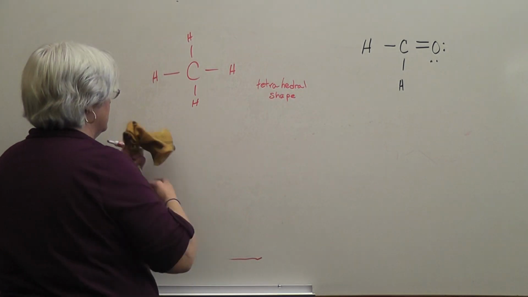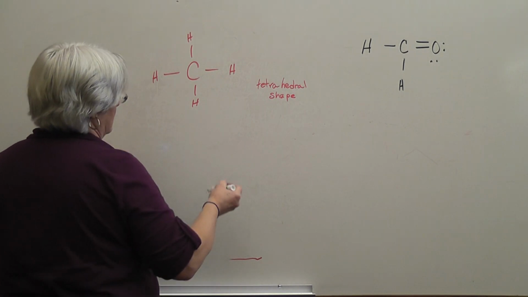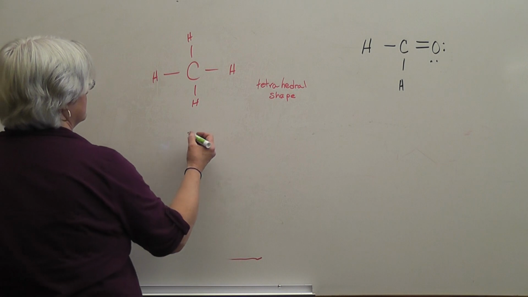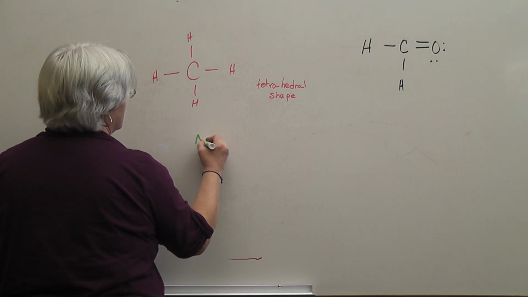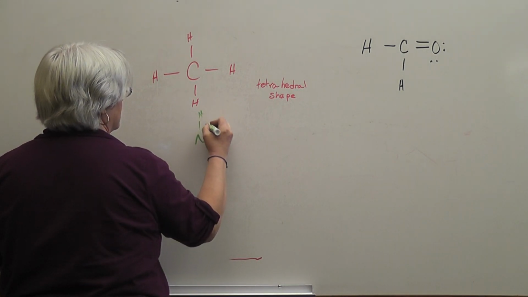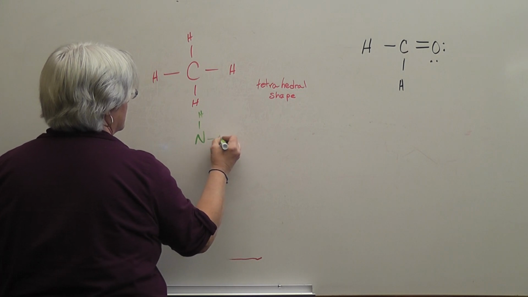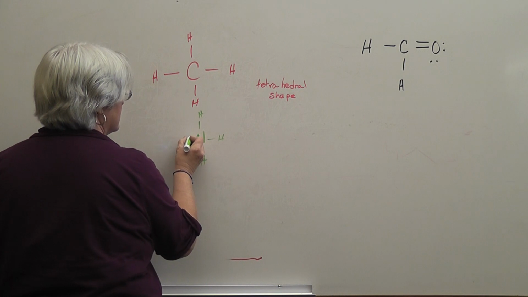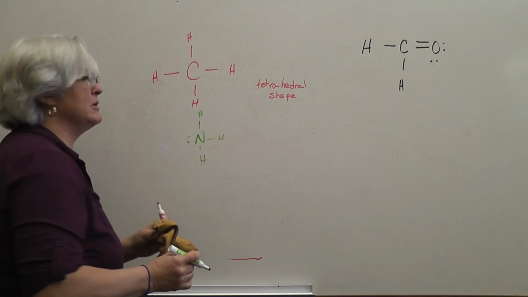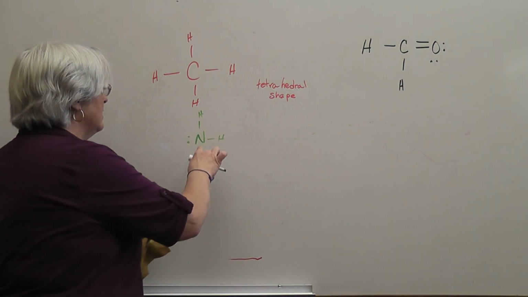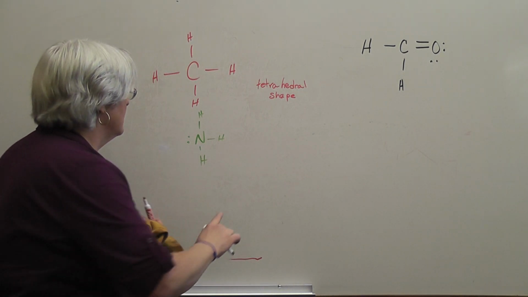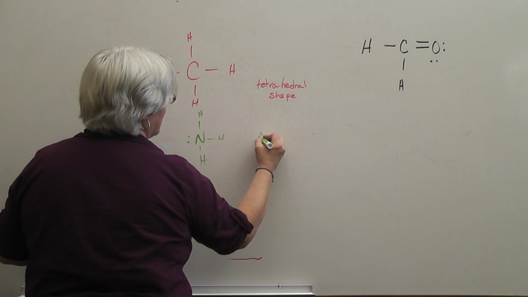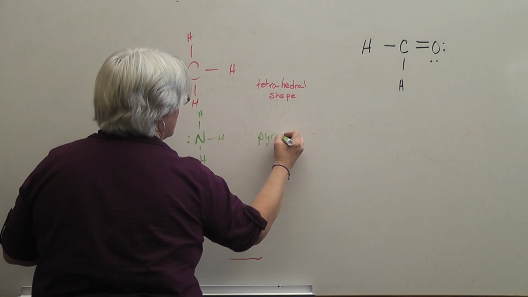Have the same thing. You have, which one was it? I don't remember. Ammonia. If you have, once again, 4 pairs of electrons surrounding a central atom, but you only have 3 strong bonds here, this is the pyramidal shape.